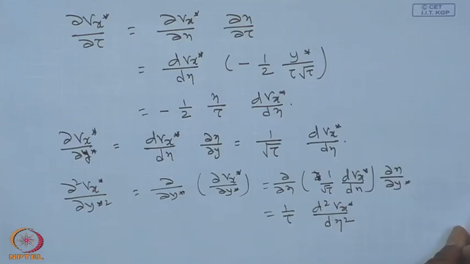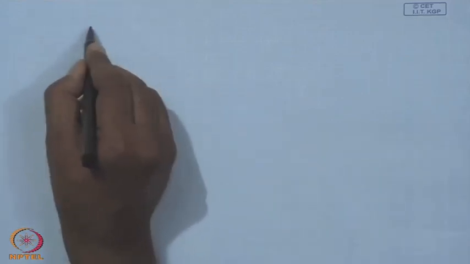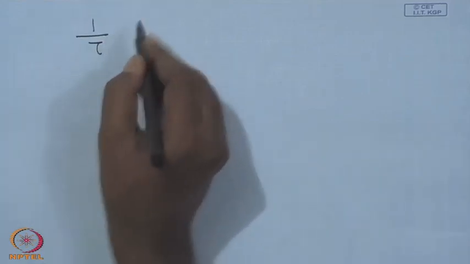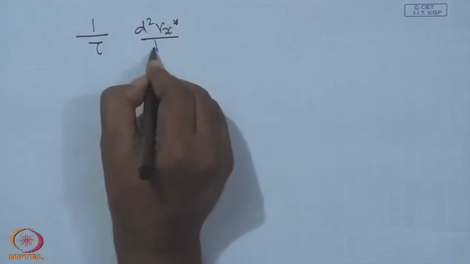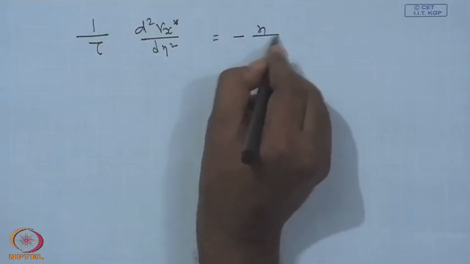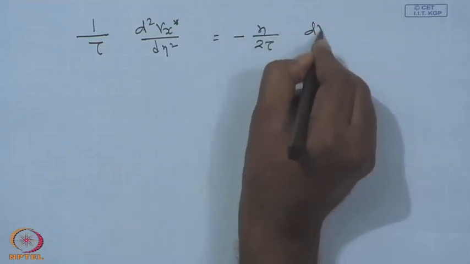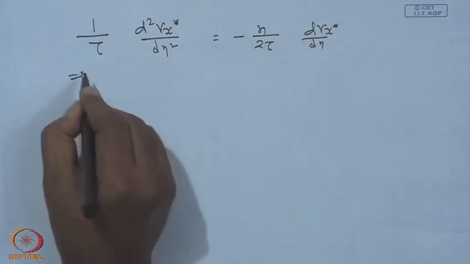So, we get the different derivatives of the governing equation in terms of the combined parameter, or the similarity parameter eta. So, let us see what is the form of our governing equation. If we write down the governing equation, this becomes 1 by tau d square v x star d eta square is equal to minus eta by 2 tau d v x star d eta. Tau will be cancelling out.